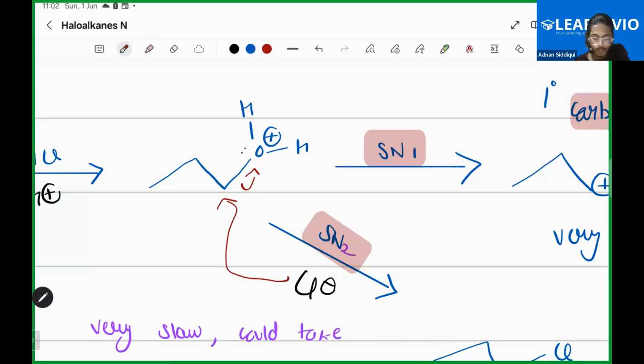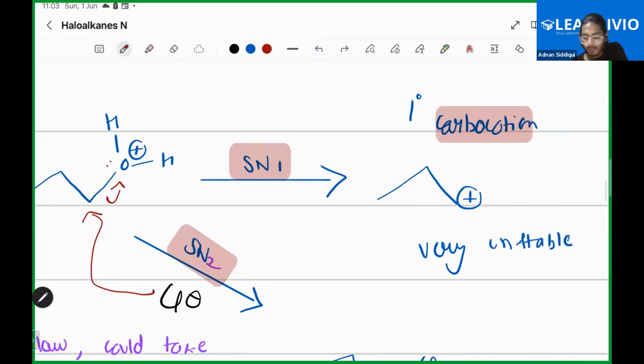This oxygen will take these two electrons and leave from the compound, leaving this alkyl chain. If it takes these two electrons, then there will be a positive charge on the carbon, because the carbon's bond has been taken away by oxygen.